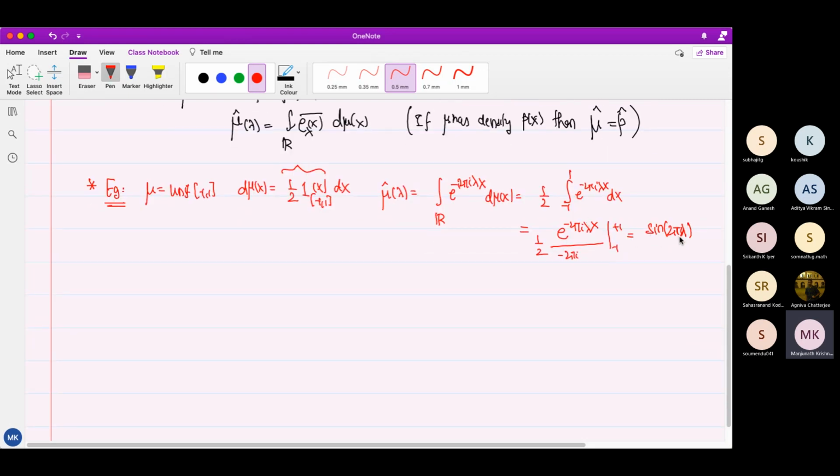That will be 2i times sine 2 pi lambda. 2i cancels this 2i, and I'm left with 2 pi. Okay, actually there was also a lambda here, so 2 pi lambda. So this is the sinc function. It's sin x by x, basically, a scaling of that. Okay, so that is an example.